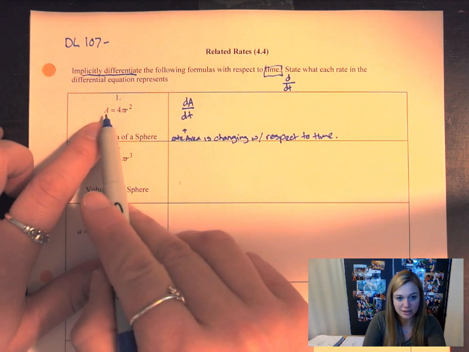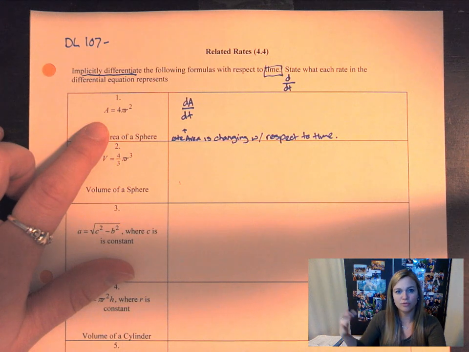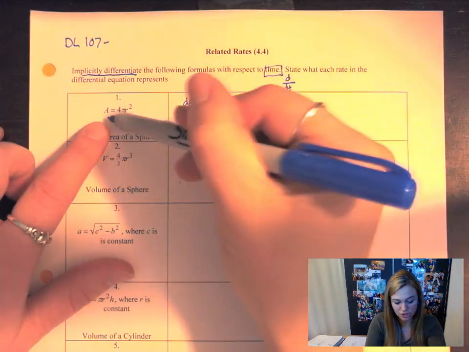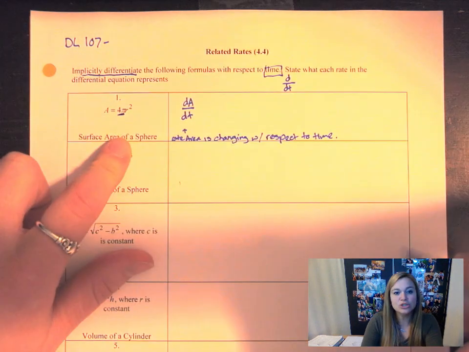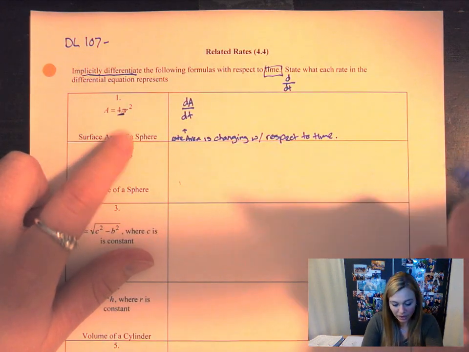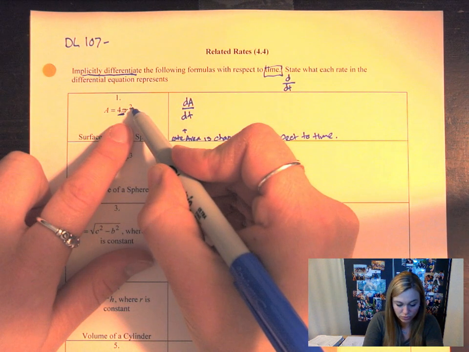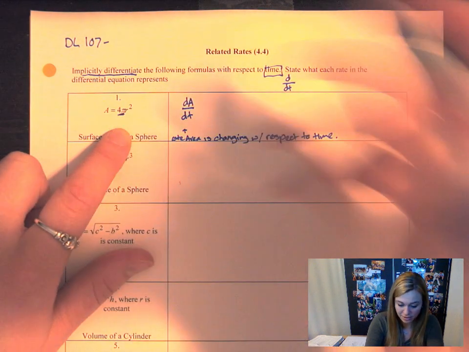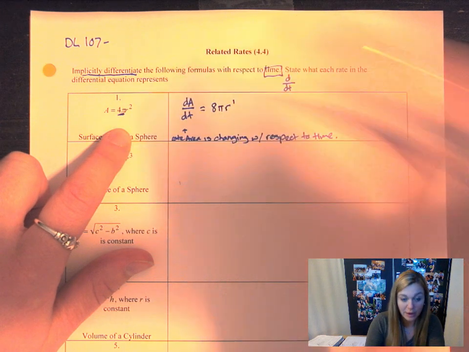That's all dA/dt. Because remember, the derivative of a variable will be 1, and then with respect to whatever this variable is, in this case t. Over here, 4 times pi is just a coefficient. So pi is not a variable. So I'm going to take my exponent of 2 times 4 pi, and I would get 8 pi r to the first power.